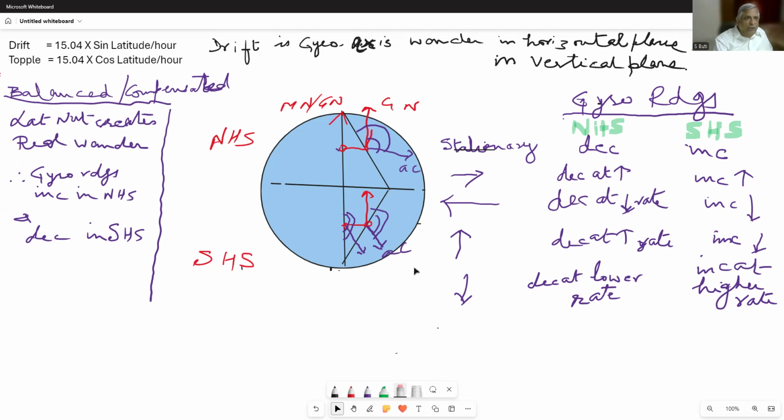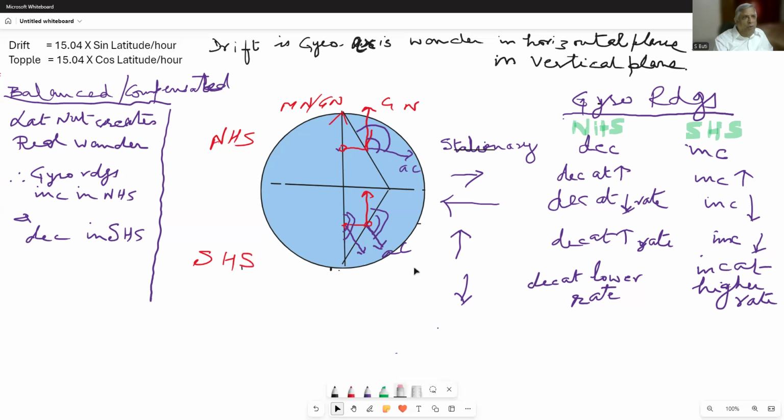If you align your gyro north with the magnetic north, it will behave like a magnetic compass. And in some ways, it is better than magnetic compass since there is no dip. It has no turning and acceleration errors. But yes, it has its own problems.